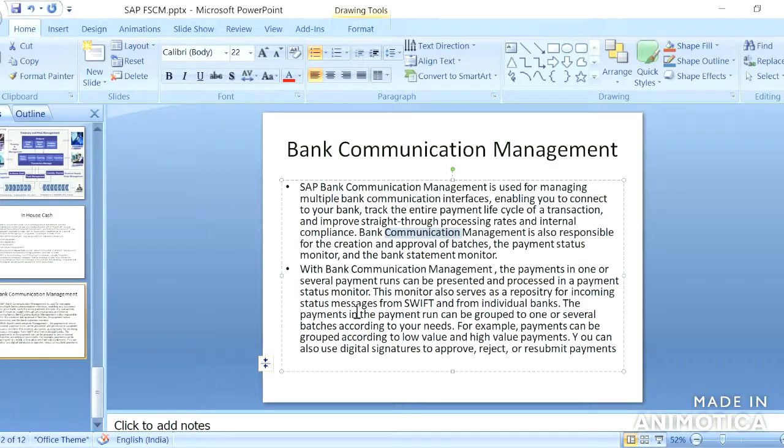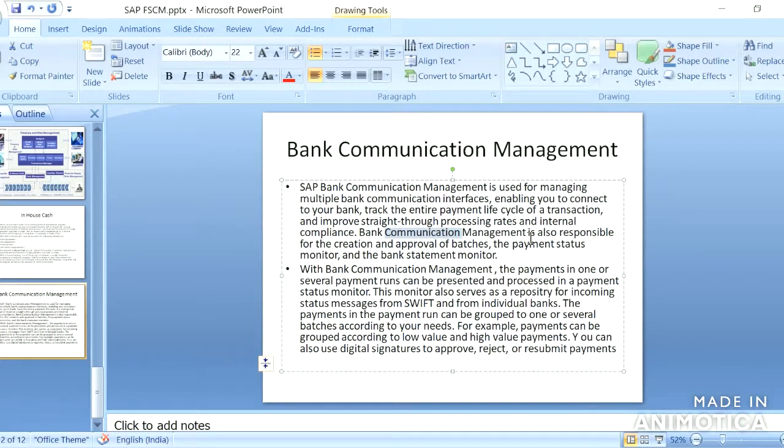The payments in the payment run can be grouped into one or several batches according to your needs. For example, payments can be grouped according to low value and high value payments. You can also use digital signatures to approve, reject or resubmit payments.